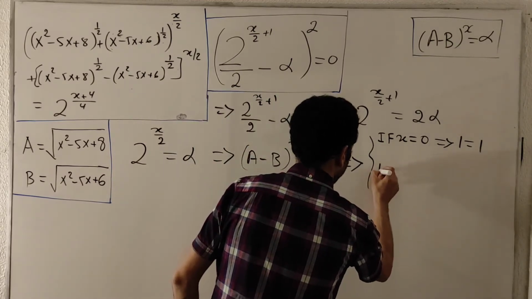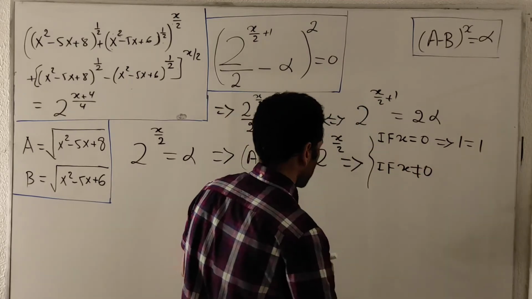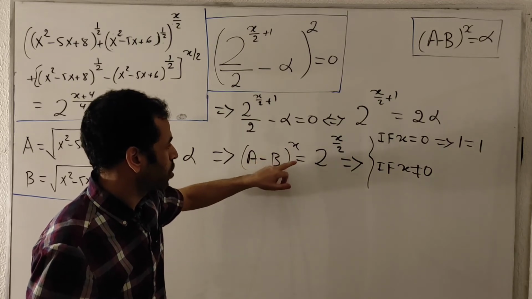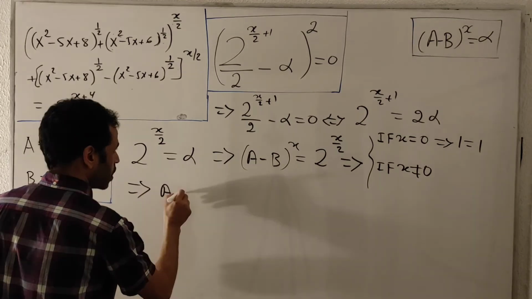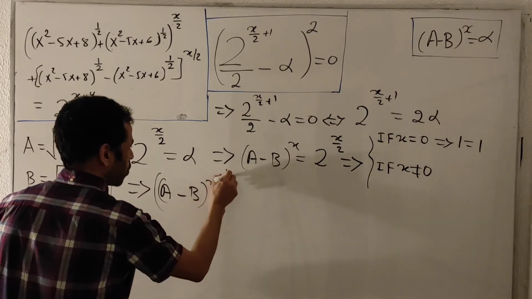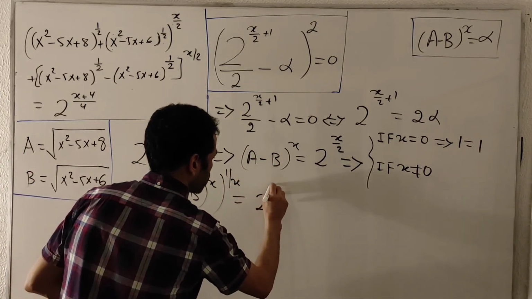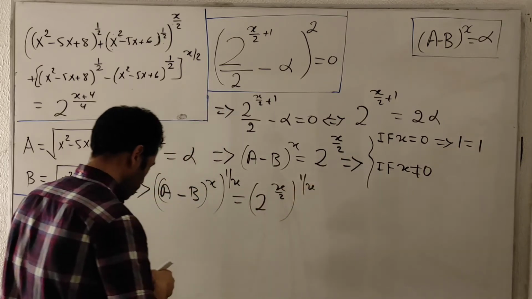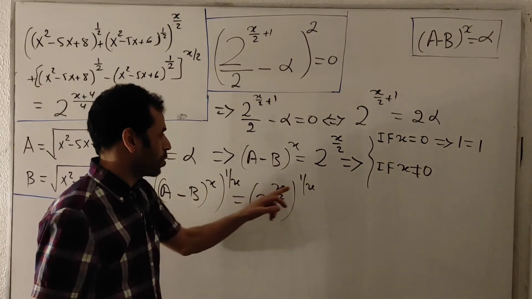In the second case, if x is different than 0, I'm going to raise 1 over x as an exponent on both sides. I will get a minus b to the x, to the 1 over x, equals 2 to the x over 2, to the 1 over x. As I'm dividing by x at the exponent, that means we have to have x different than 0.